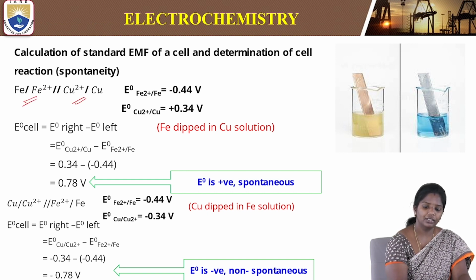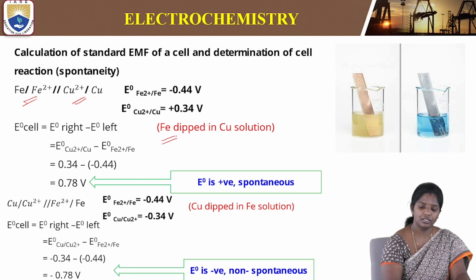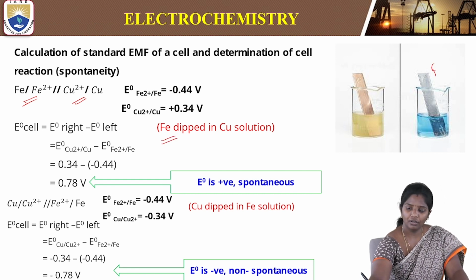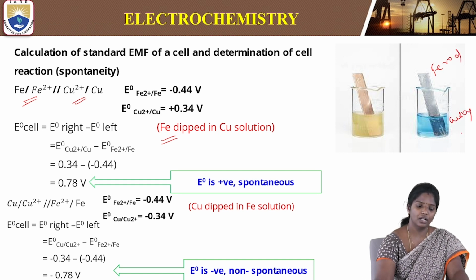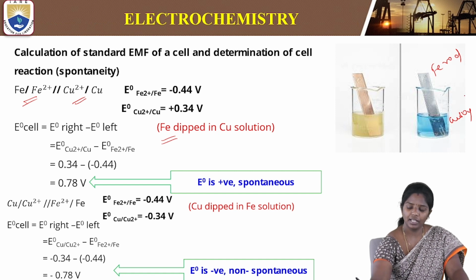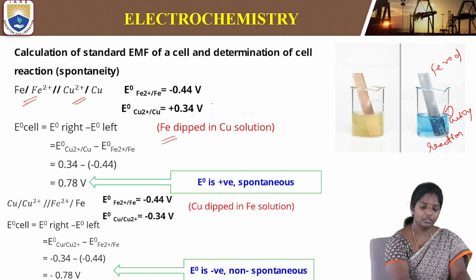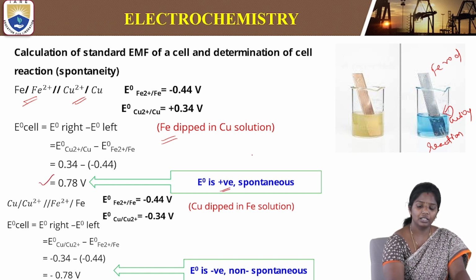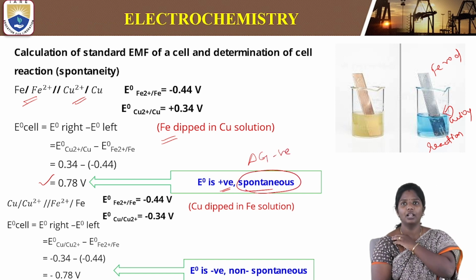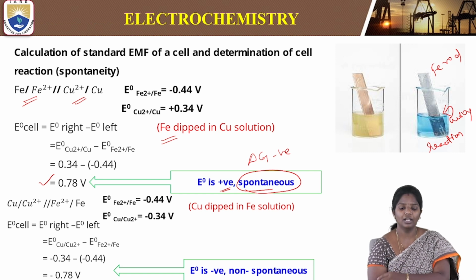If an iron rod is dipped in copper sulfate solution, there is a reaction and copper gets deposited on the iron, because the E cell potential is positive and the Gibbs free energy is negative, so a spontaneous reaction takes place.